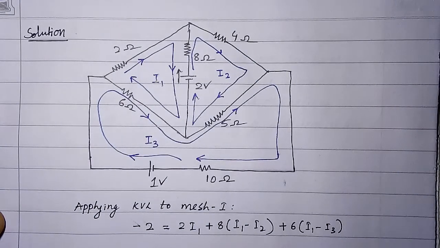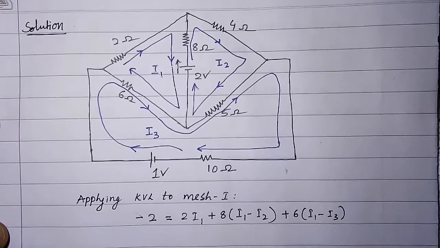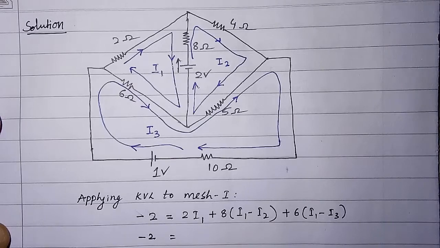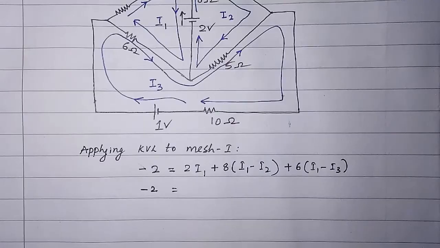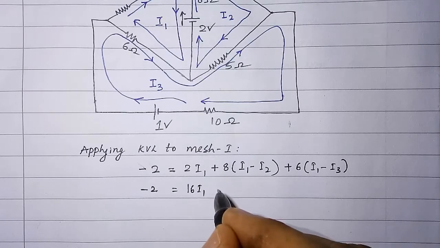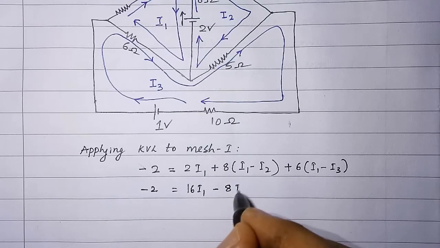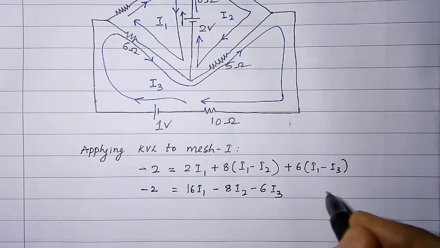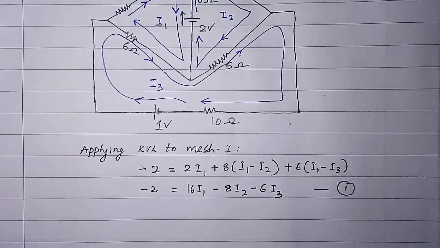Directions of I1 and I3 are opposite. I have to take I1 positive. Simplifying, we get 16 I1 minus 8 I2 minus 6 I3. Let us call this as equation 1.